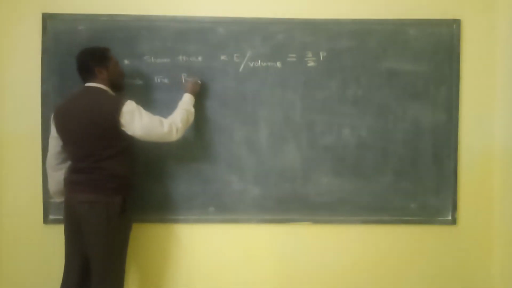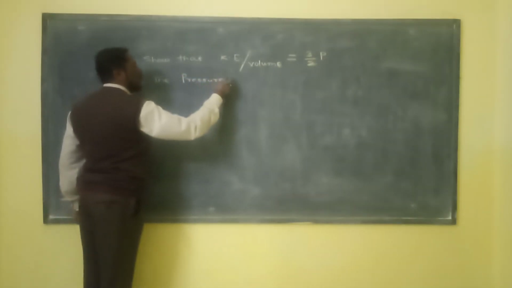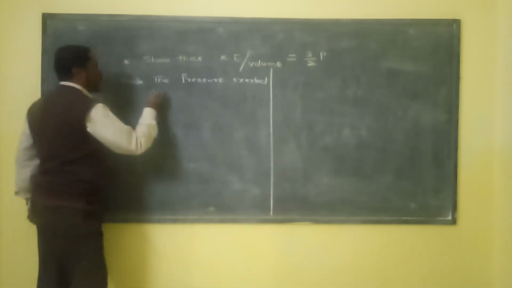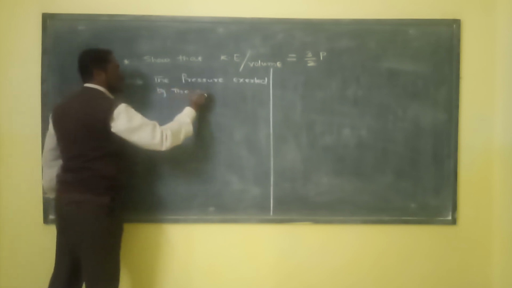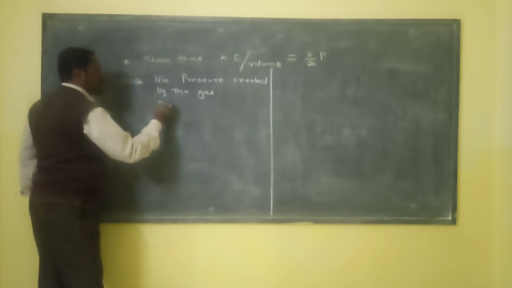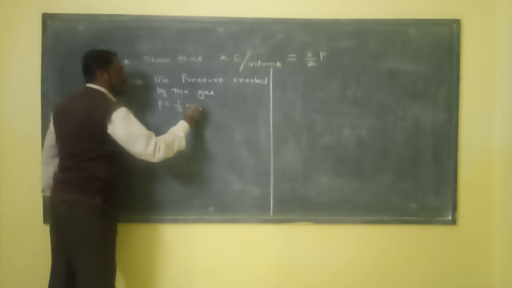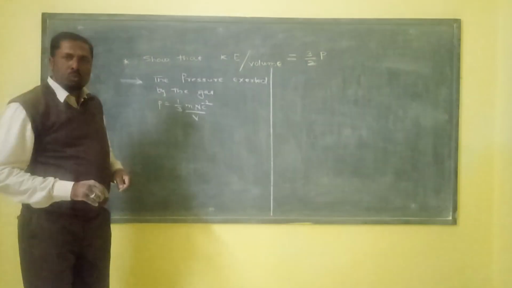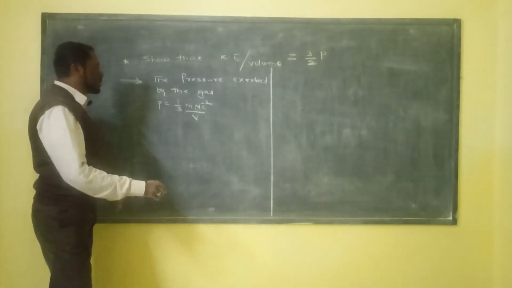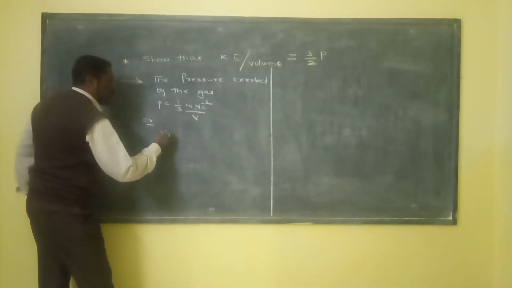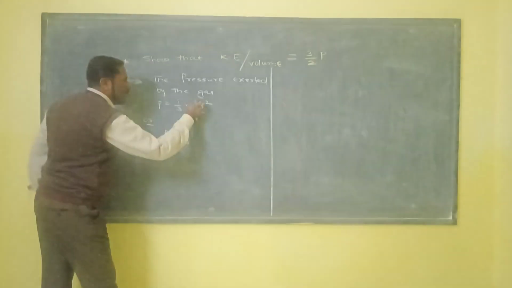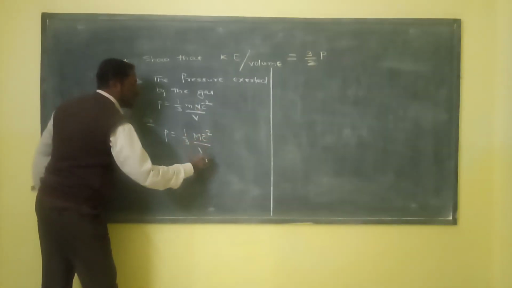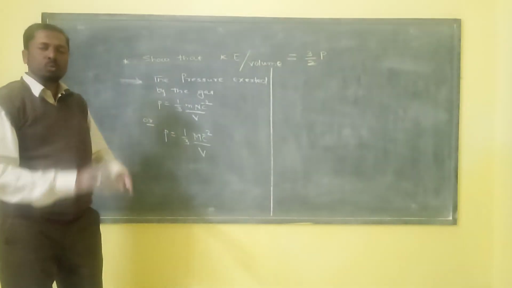The general formula of the pressure exerted by the gas is P is equal to 1 upon 3 m n bar C square upon V. Or it can also be written as P is equal to 1 upon 3, this factor we can write as capital M, bar C square by V. So these are the two lines.